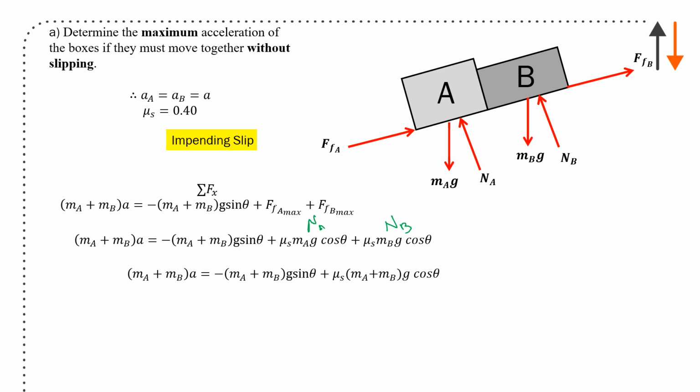Substituting all the terms, keeping to a consistent coordinate system, everything can be worked out very nicely because all of the mass terms disappear. So acceleration is minus g sine theta plus mu sub s g cos theta, and you end up with 1.25 meters per second squared.